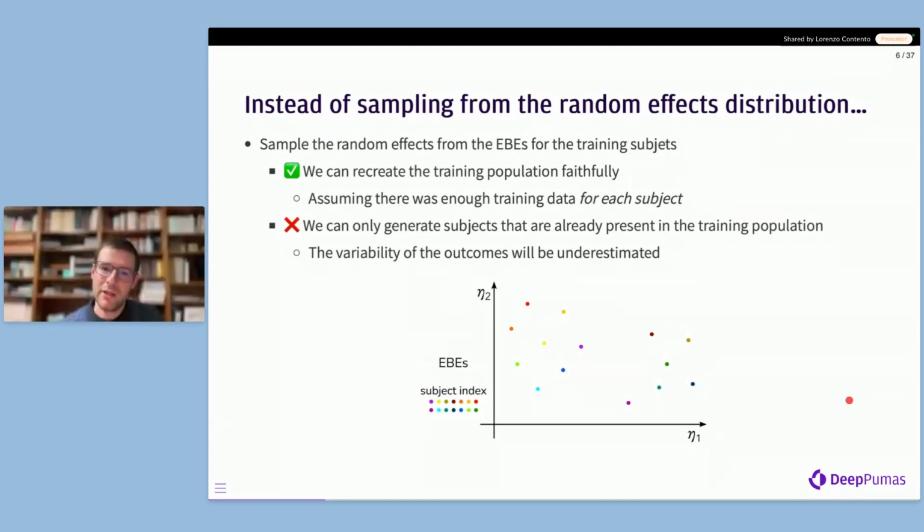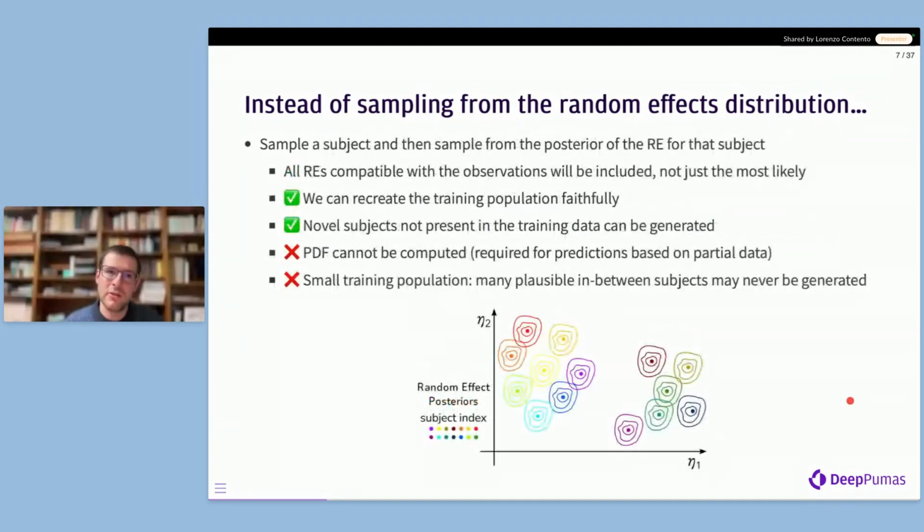A way to take this into account is to not just use the EBEs, but to use the posterior of the random effects for each subject. The posterior essentially takes the a priori distribution of random effects, that is our belief about the random effects before seeing any data, and updates it with the data that we have observed, generating a new corrected distribution, the posterior, that, for example, excludes values that are incompatible with the observations.